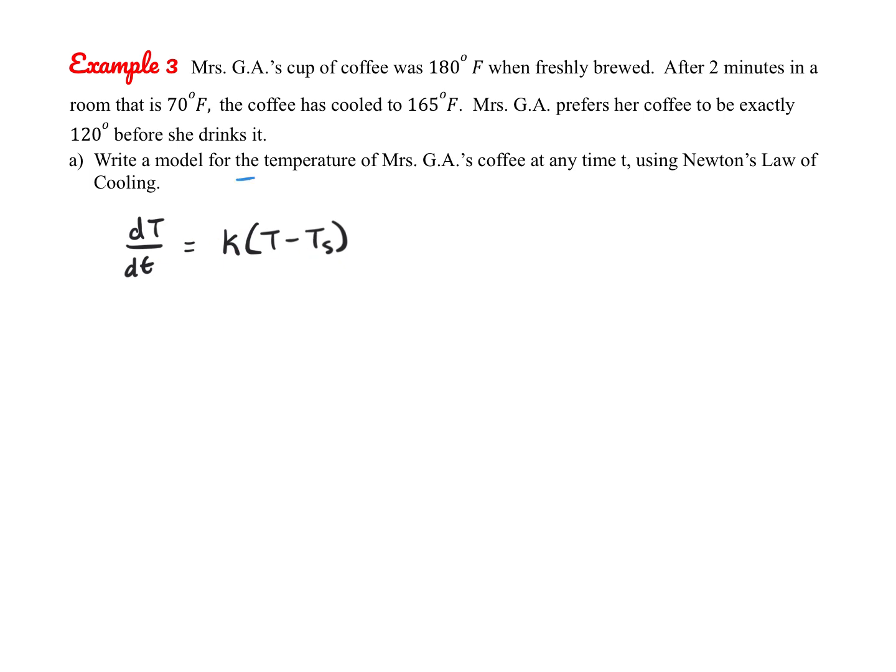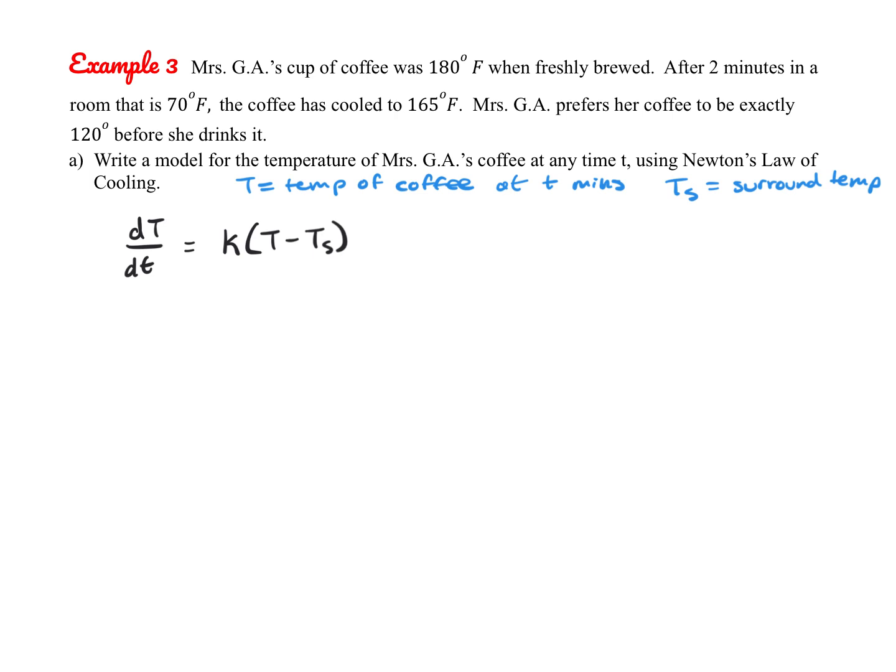And for this, T is the temperature of the coffee at any given time t minutes, and T sub s is that surrounding temperature. We're going to treat that as a constant, so we're going to assume that it is not changing throughout this entire problem.